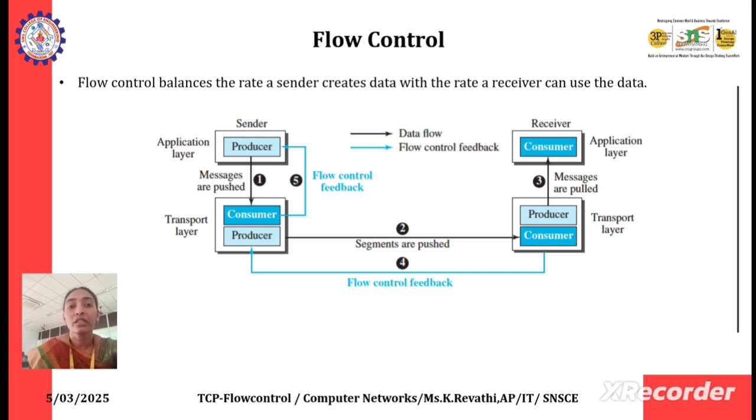Here the producer produces items to the consumer, then the segments are pushed to the receiver, and it will receive the items, and also it will pull the messages to the application layer. This is the whole process of data transmission in the transmission control protocol. Actually the transmission control protocol is in the transport layer.